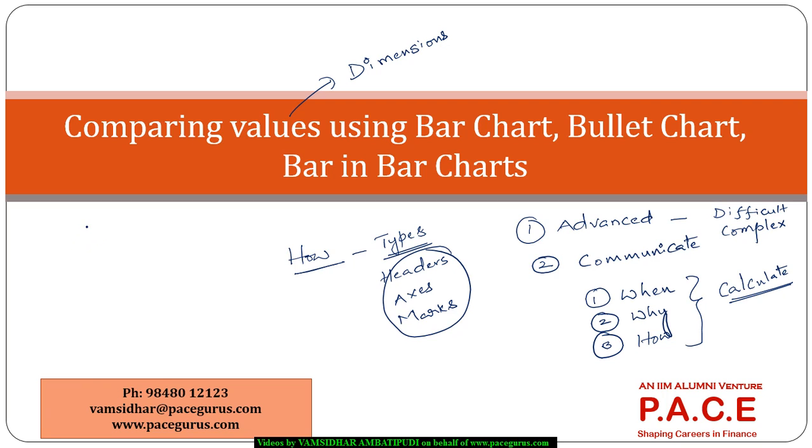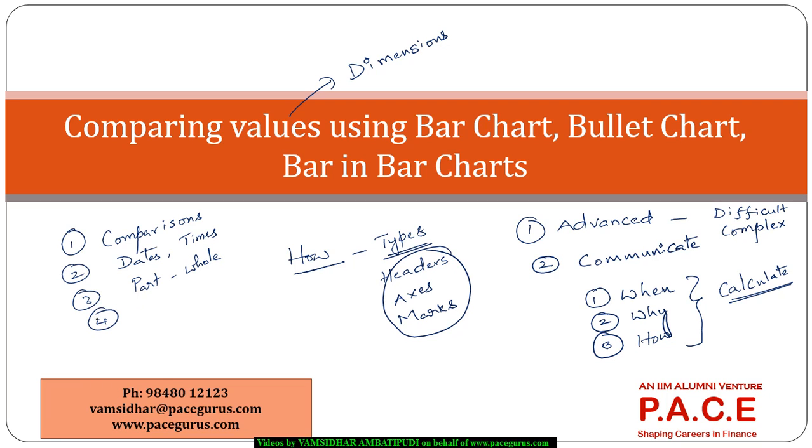And as a part of advanced, this is one aspect: we can do the comparison across the different dimensions very easily using different kinds of charts. We can really work with dates and times in a very advanced manner. We can also look at the part to whole kind of relationship.